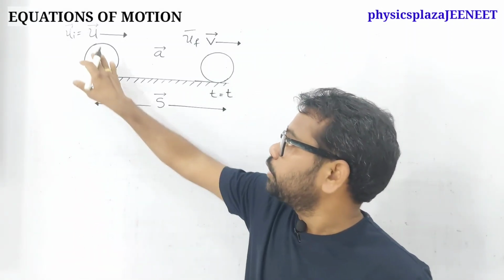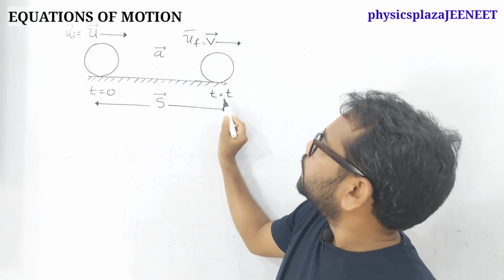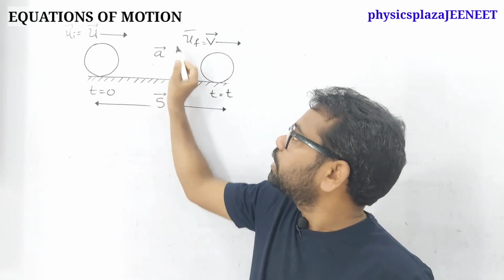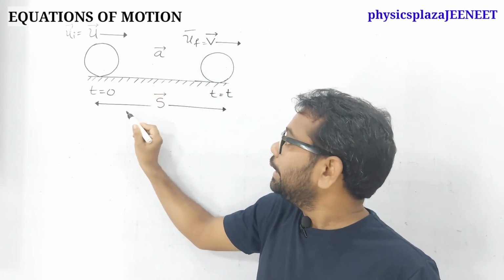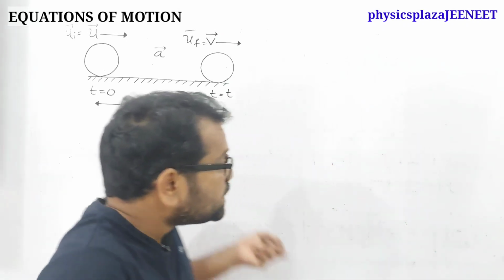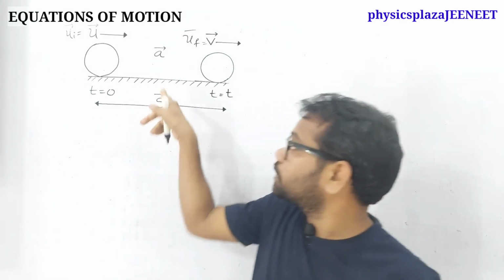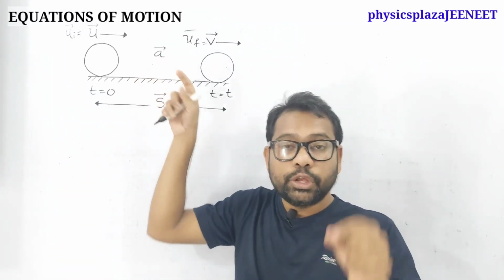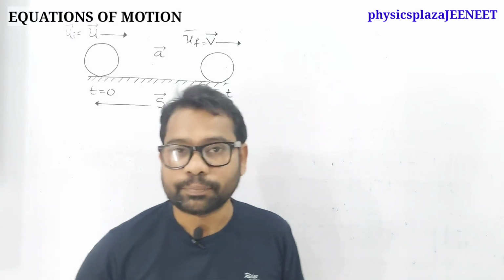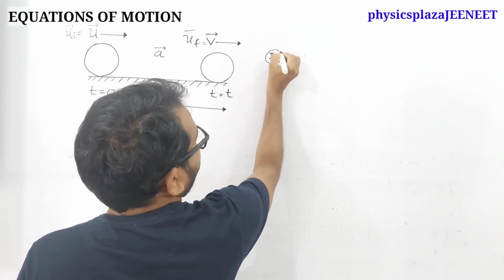Clear? So u is the initial velocity, v is the final velocity. In a time t, as it is moving with a uniform acceleration, it covers some displacement s. So this is the situation, children. Again I'm telling you, in this situation a is uniform acceleration. So now let us derive the first equation of motion.